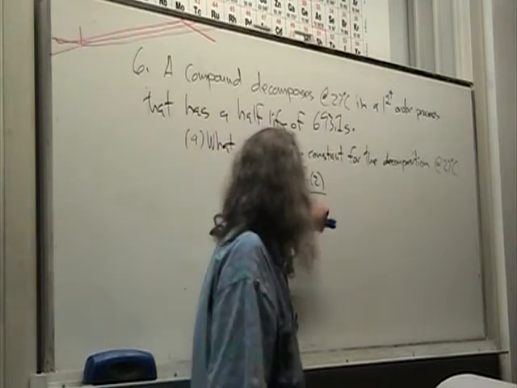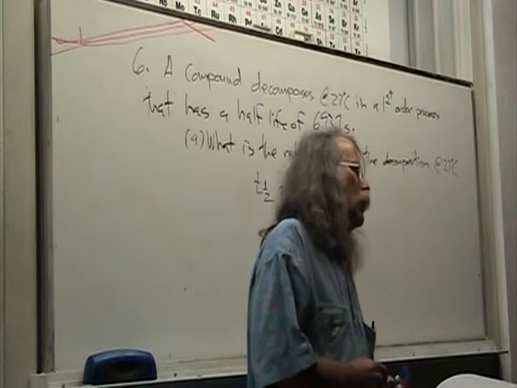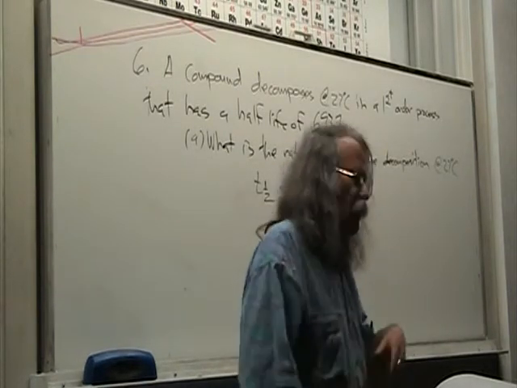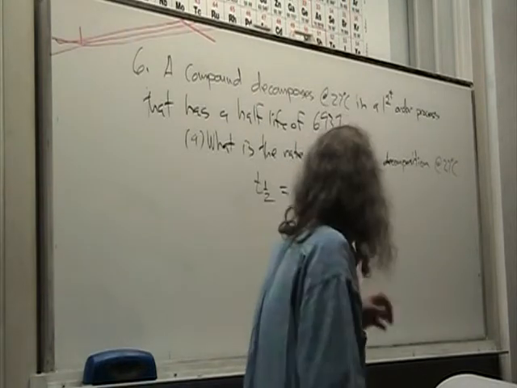The half-life is equal to the natural log of 2 divided by the rate constant. We found this when we did the integrated rate law, and we talked about that some time ago.